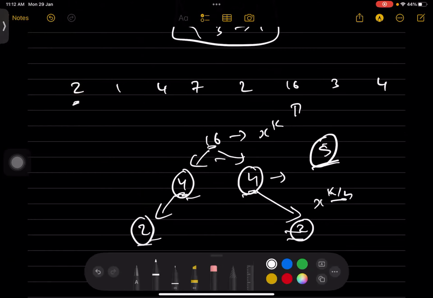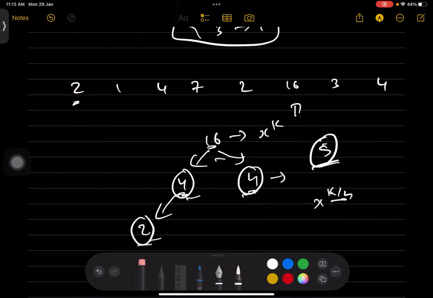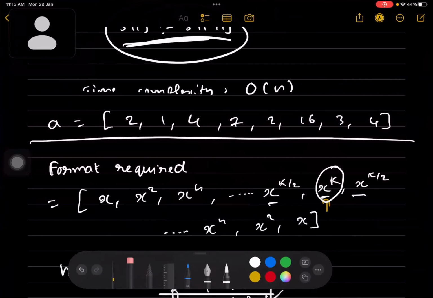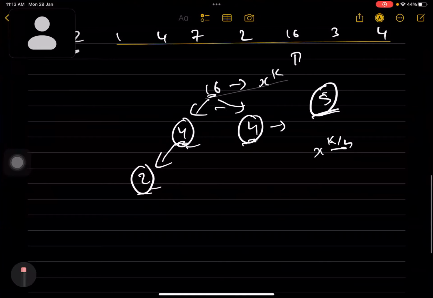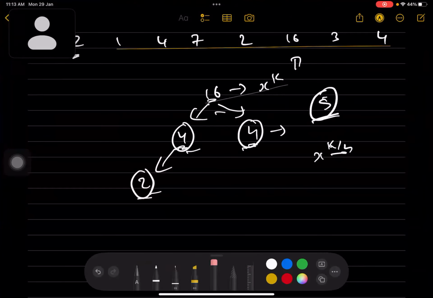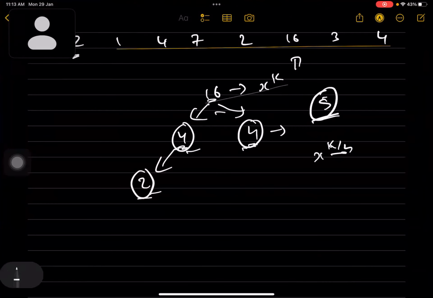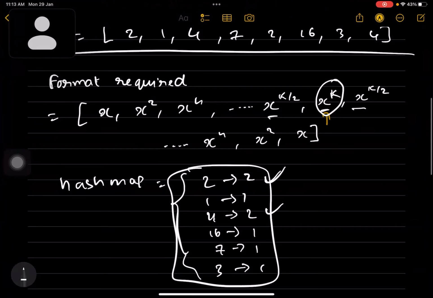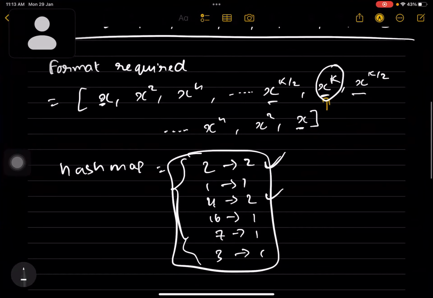So in case we had only 1, 2, then in that case, our answer would not be 4, it would be 3, because this 2 will never be included, right? See, in our format, when we have x in the beginning, we have x in the end, right?